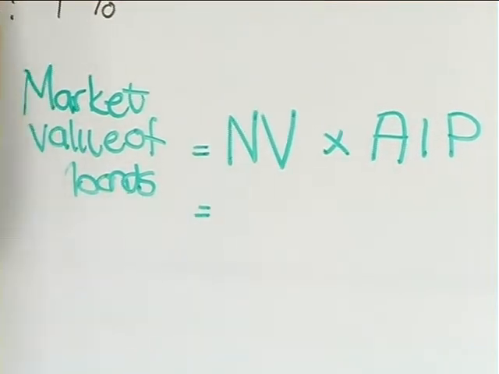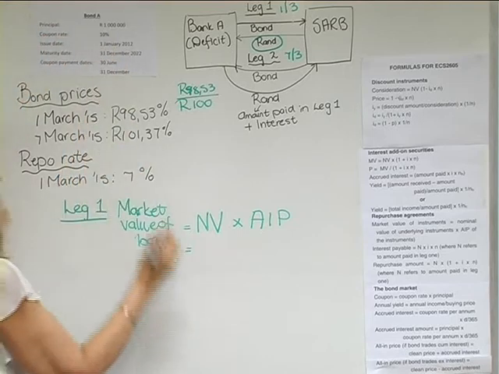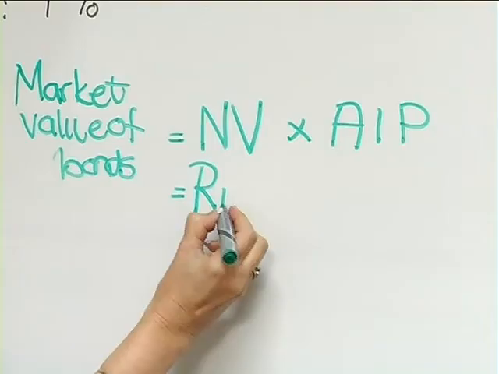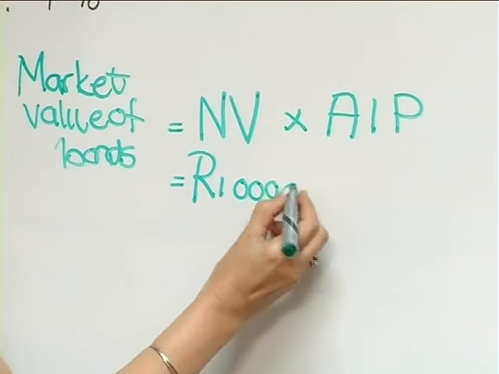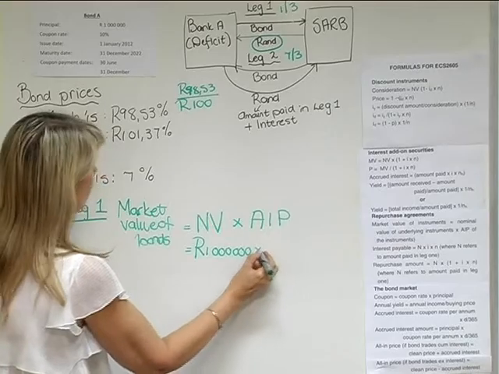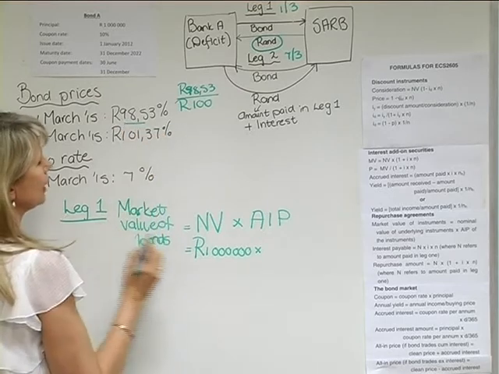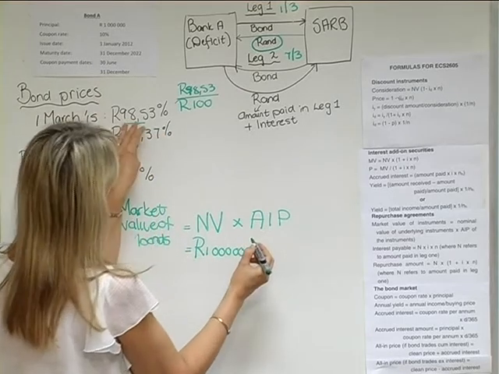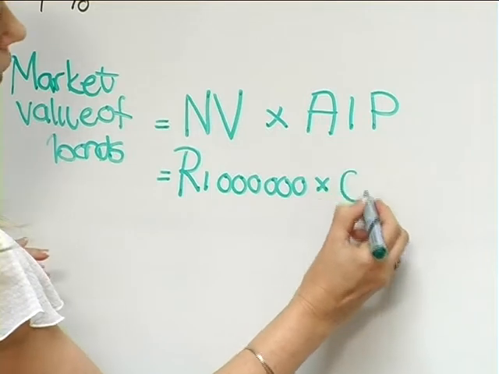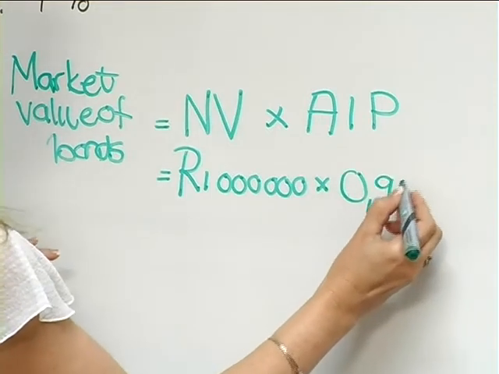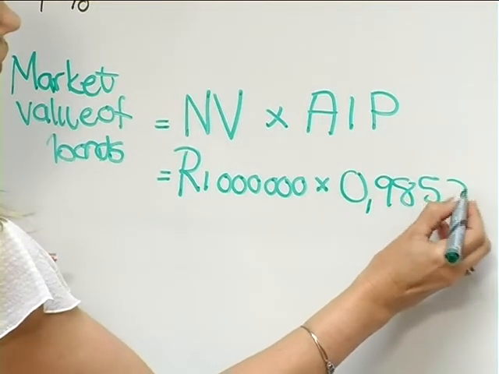Now the nominal value of this bond is 1 million, and the all-in price on the date of the first transaction, as you can see, is 98.53, so 0.9853.